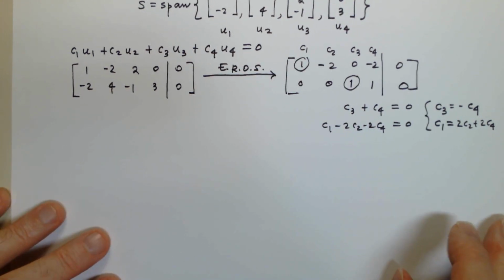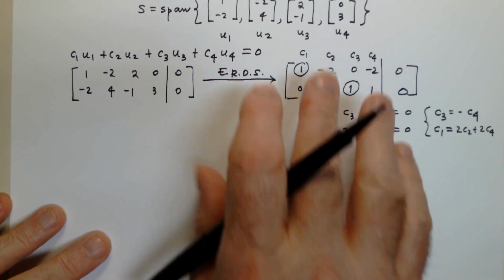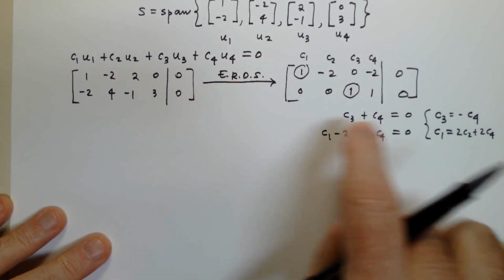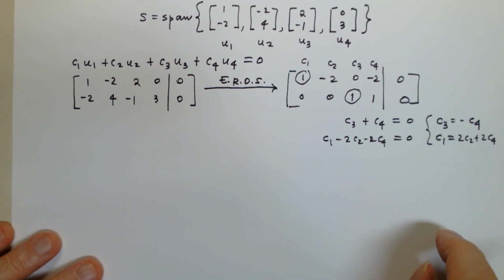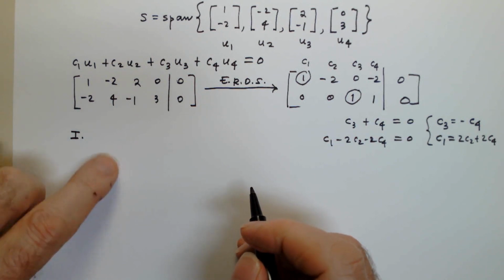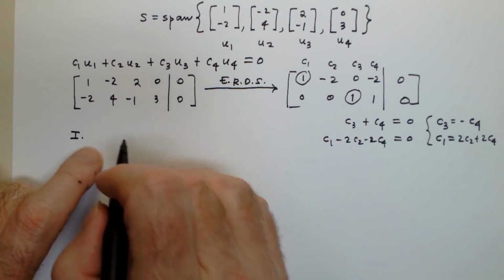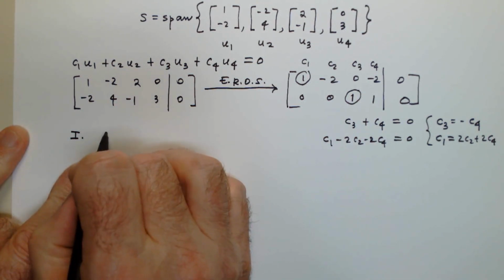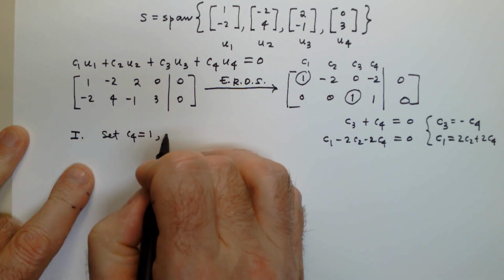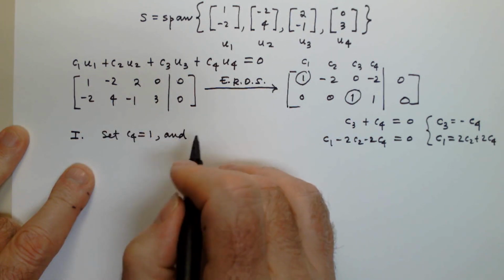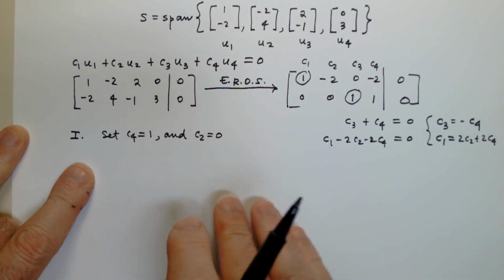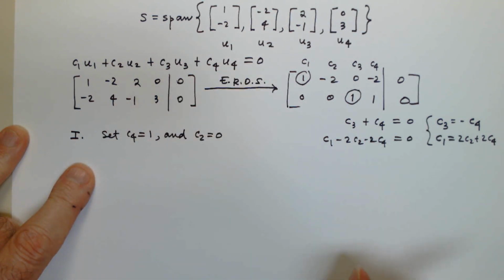Now, let me show you how we can use this in two different ways to eliminate. I can show you why we can eliminate U2 and U4 based on these equations. So first, I want to set C4 equal to 1, and I want to set C2 equal to 0. This is going to allow me to concentrate on this vector U4.